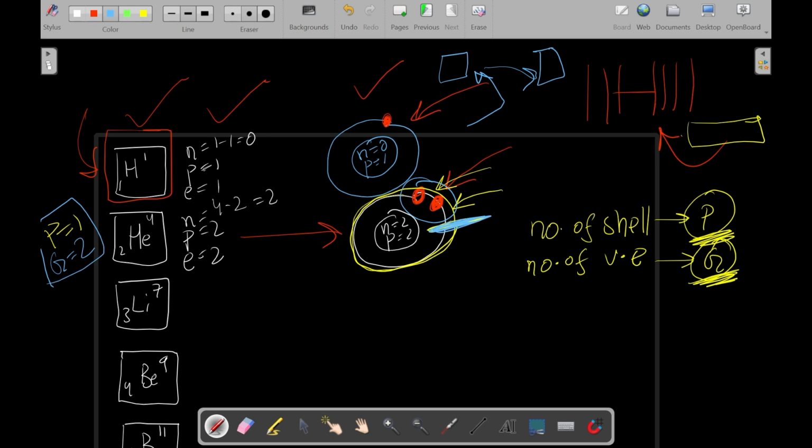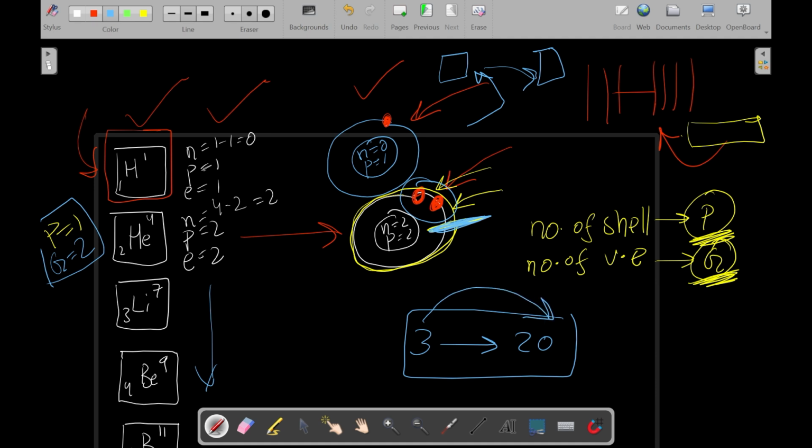But this will work for the elements from now onwards, like lithium, beryllium, boron, from the third element to the first 20 elements. This rule actually applies.